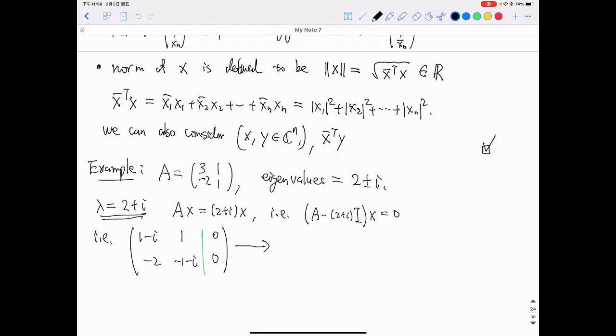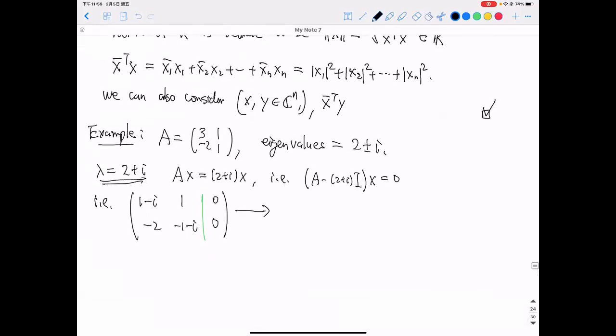Despite the entries now being complex numbers, the idea is the same. You proceed to turn this into reduced echelon form. The question is just how to do this. We're going to be clever about this. We will multiply the first row by 1 plus i, and 1 plus i times 1 minus i is 2.